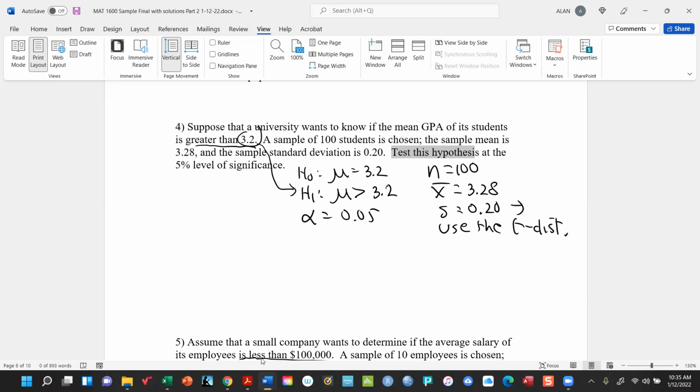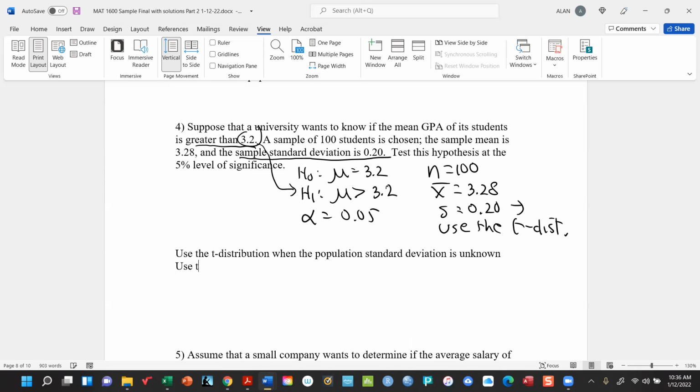So we pick a sample of 100 students, and we're told that the sample mean is 3.28. The sample standard deviation is 0.20. And once again, just like with chapter 9, the rule is to use the t-distribution when the population standard deviation is not known, and use the z or standard normal distribution when the population standard deviation is known.